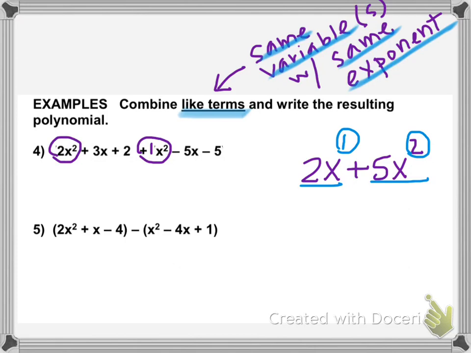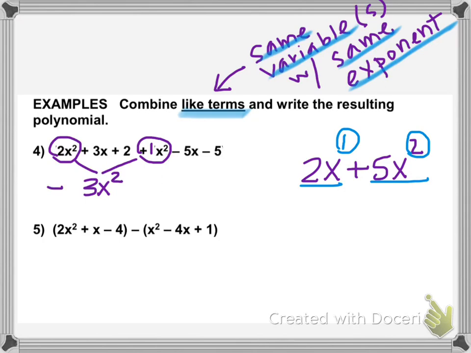Those two terms are like, so I can put those together. And remember, when we combine like terms, we are just adding the coefficients. So the 2 and the 1 get added to make 3, and then I just have 3x squared. So 2x squared plus 1x squared is 3x squared.